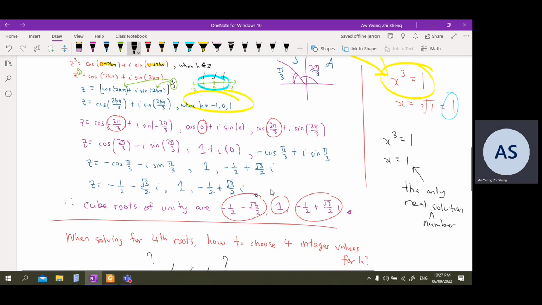Oh wait, I think just now I forgot to write down an i here, sorry. Okay, I missed out the i just now. So there are actually 2 complex solutions here. These are the complex solutions, and this is the only real solution.